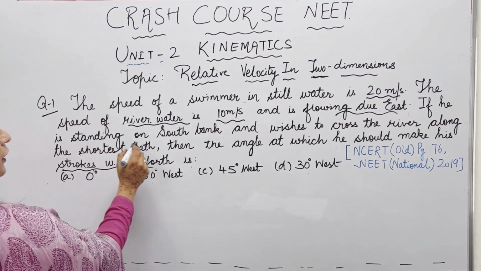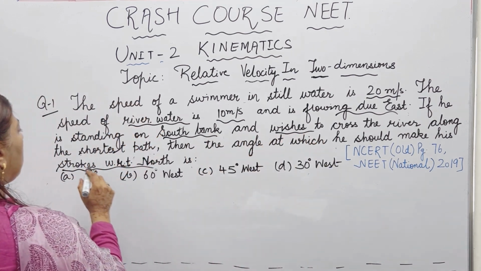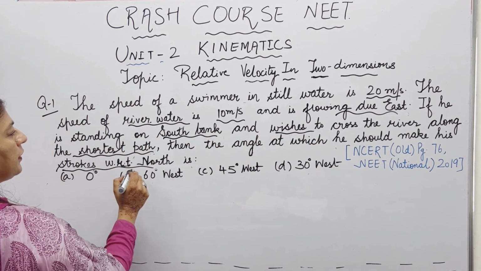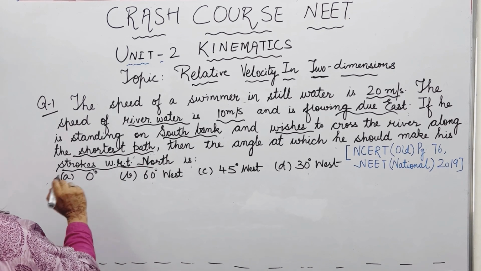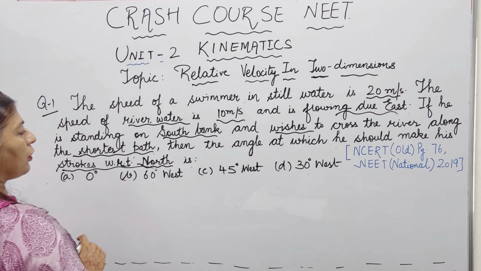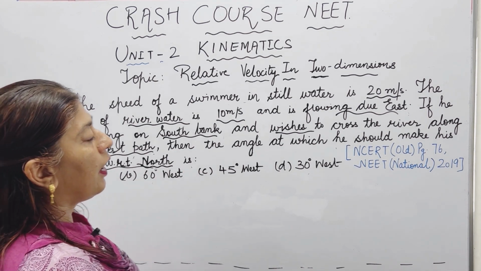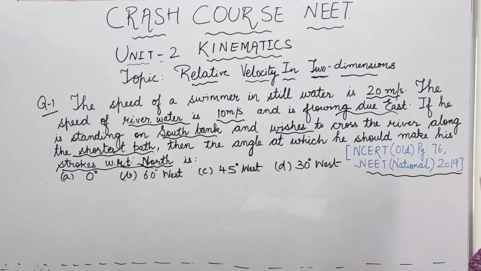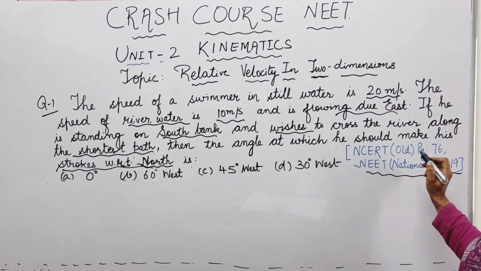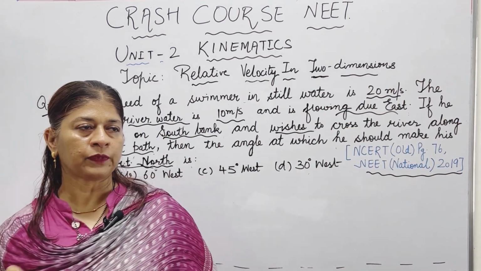If he is standing on the south bank and wishes to cross the river along the shortest path, then the angle at which he should make his strokes with respect to north is, and the angles have been given to us. This question came in NEET National 2019, and it is on page number 76 of the old NCERT.